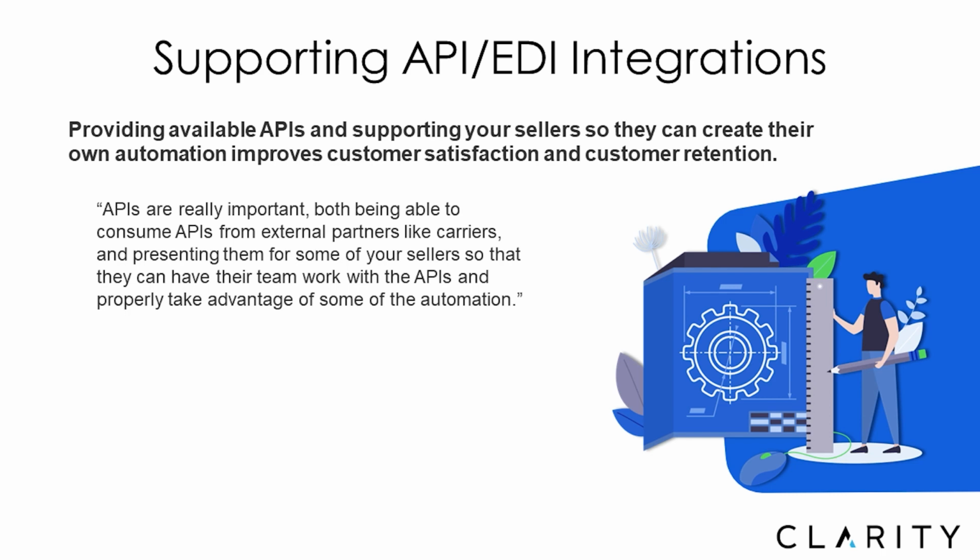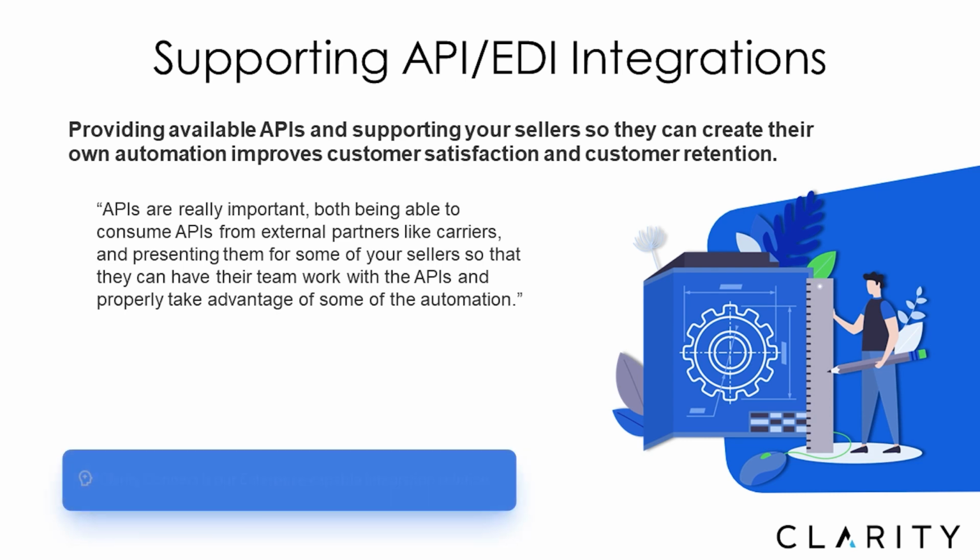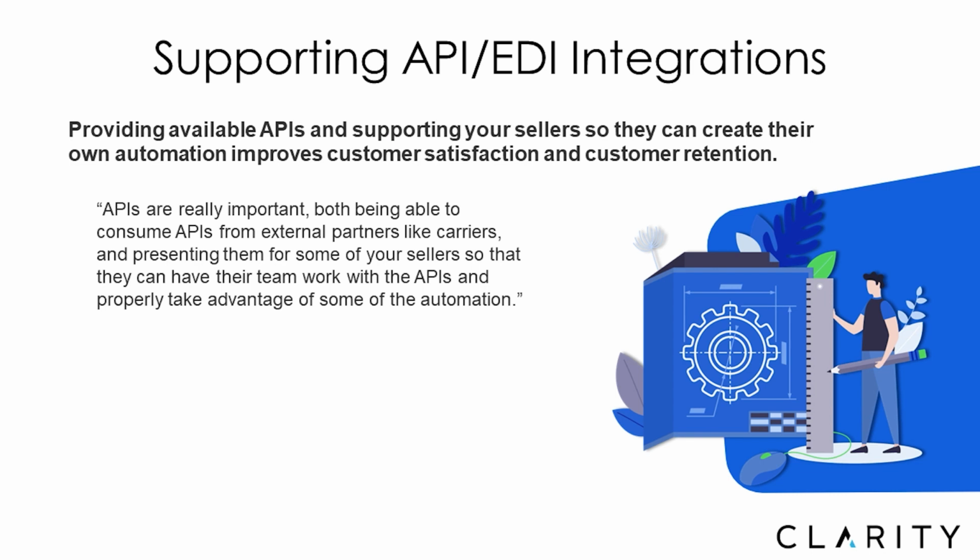And so we want to be on the other end of that spectrum, and be a really bright spot for our sellers and make it very easy to integrate with them. Just as an example, one of the things that we offer at Clarity with our marketplaces is our integration platform. We can integrate with the most common ERPs and warehouse management systems that are out there, so that we can push and pull this data very easily for the end customer.